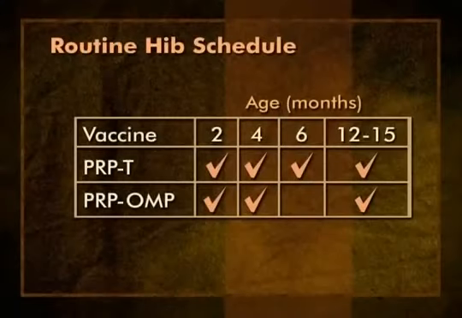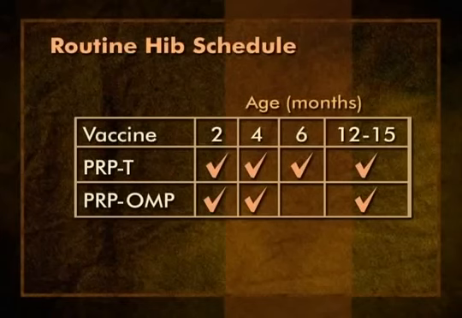Hib vaccination should be started for all infants, including premature infants, at 2 months of age. Hib vaccine can and should be administered simultaneously with all other childhood vaccines. A primary infant series of Hib vaccine consists of 2 or 3 doses, depending on the vaccine. PRP-T or ActHIB is a 3-dose primary series at 2, 4, and 6 months of age.